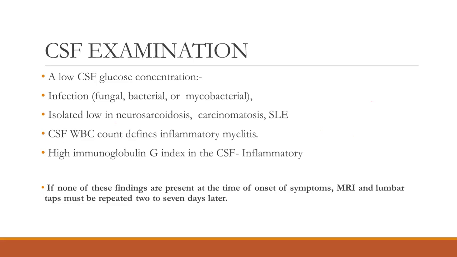If there is a high IgG index in CSF along with oligoclonal bands, that means there is an inflammatory picture going on. If none of these findings are present at the time of onset of symptoms, then MRI and LP can be repeated 2 to 7 days later to see if there is progression.